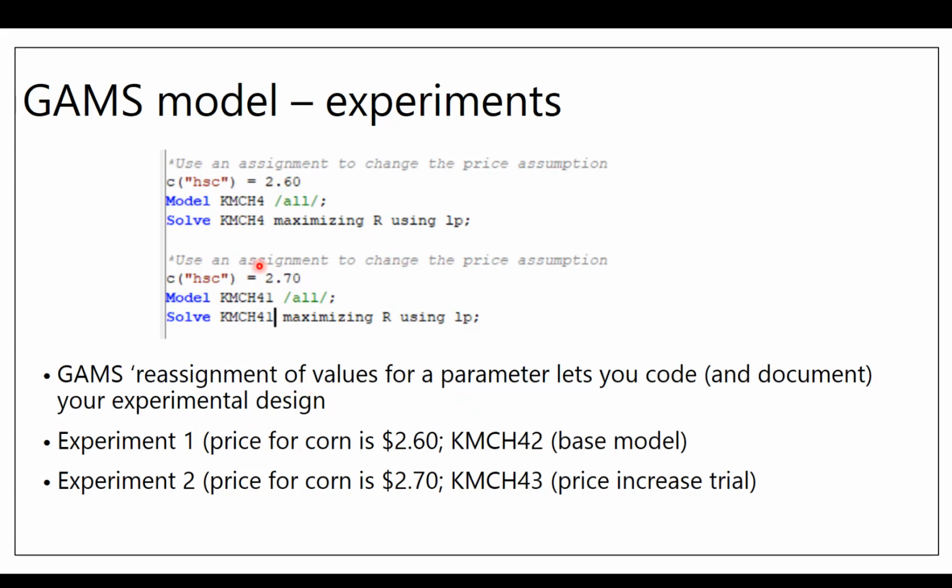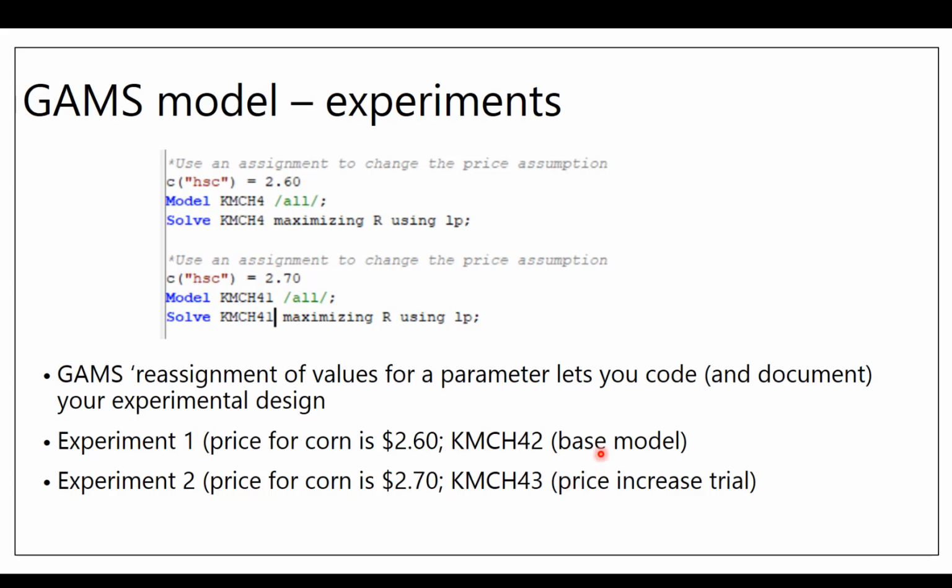You'll see when you get to the actual code, this was probably snipped out before we did it. Actually, to keep them in order, because I know roughly what the basis changes are in the prices, I think I used prices 250, 260, and 270, and so the first experiment is actually KMCH41, so it's chapter 4, experiment 1, experiment 2, experiment 3.